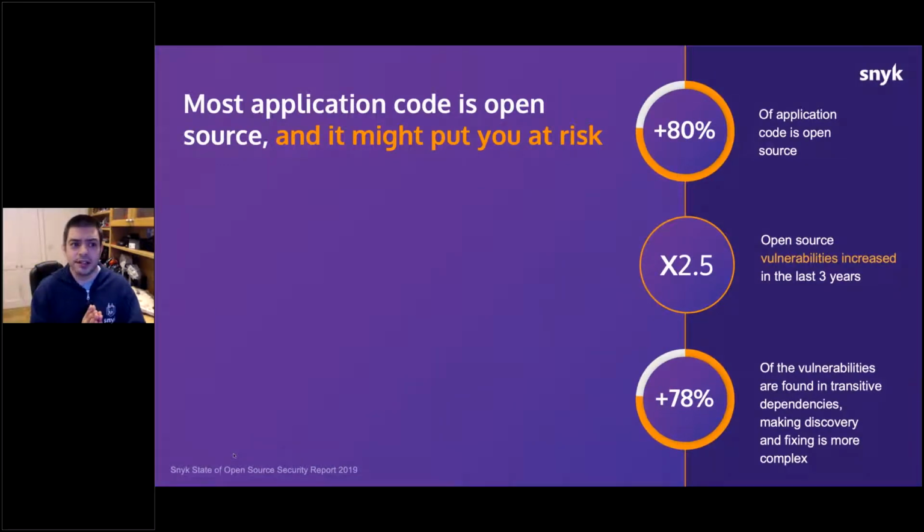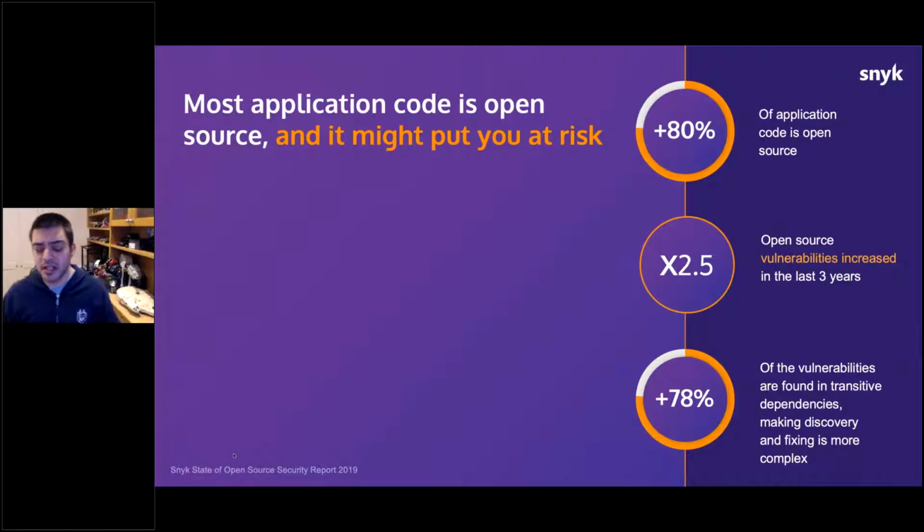Let's start with application code. Your application code, 80% of it, as we mentioned, is open source. We have seen from reports, and this is the State of Open Source report, which we at Snyk do annually, a 2.5 times increase in the number of known open source vulnerabilities just in the last 3 years. And of those, 78% are found in transitive dependencies.